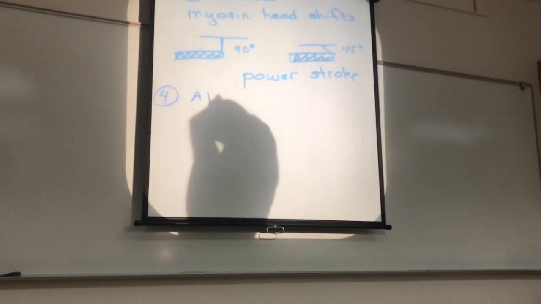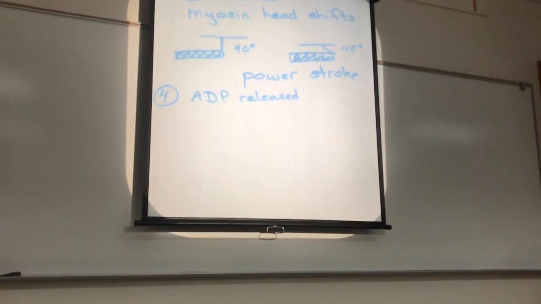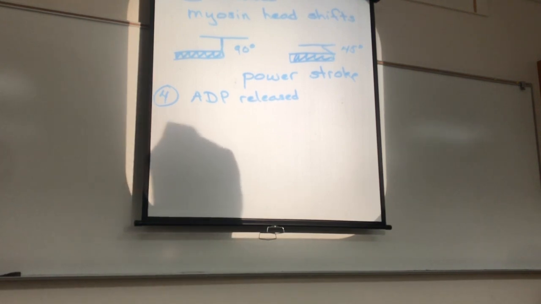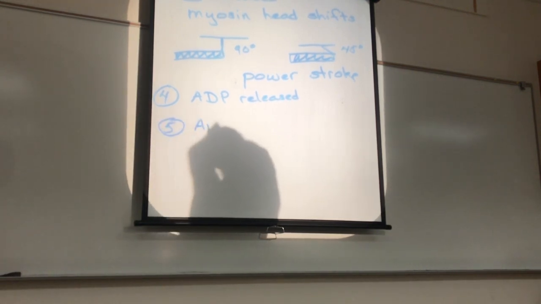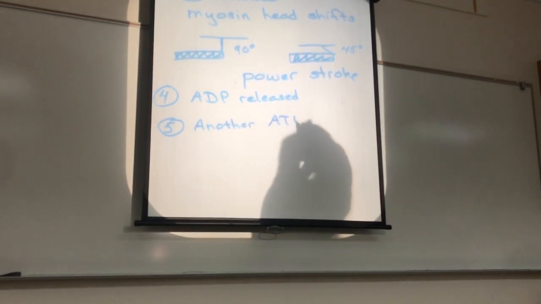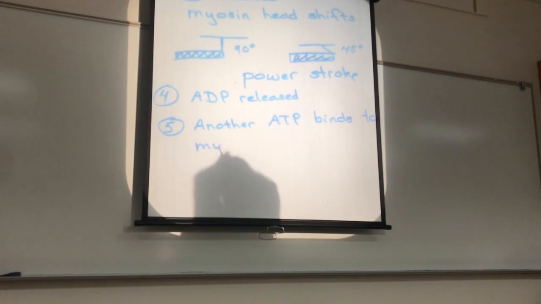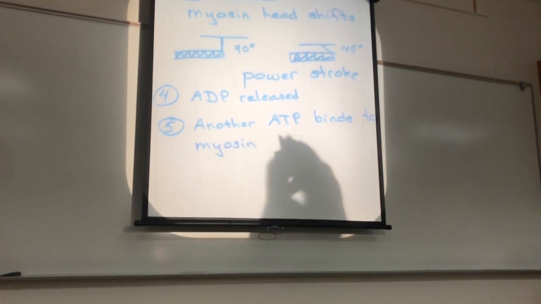Now the ADP is released, but the myosin is still attached to the actin. To get the myosin head to let go, we need another molecule of ATP. That will bind to the myosin head.